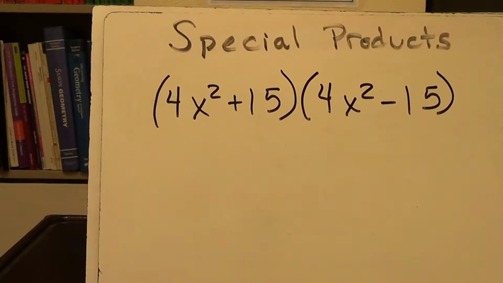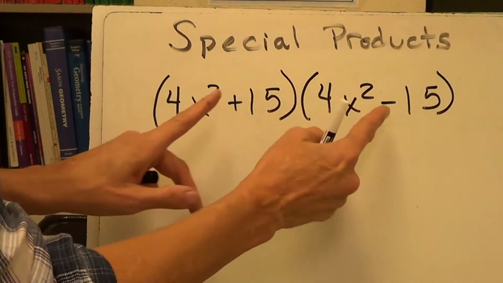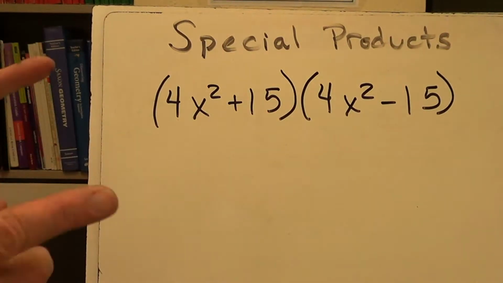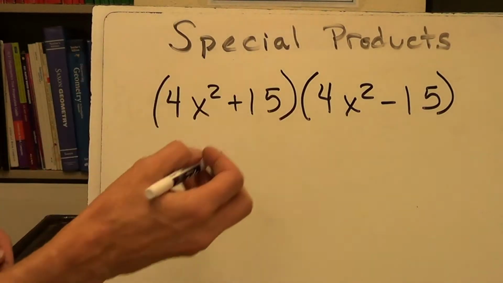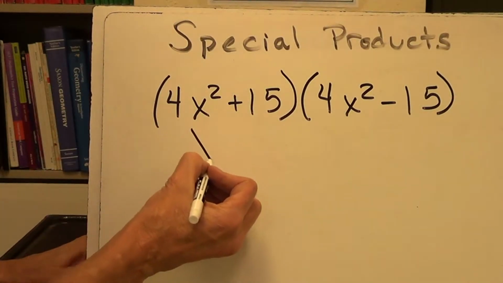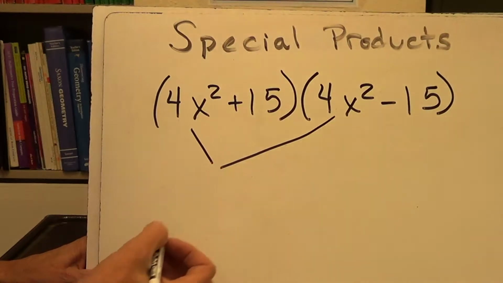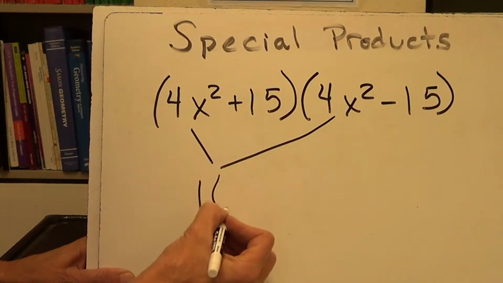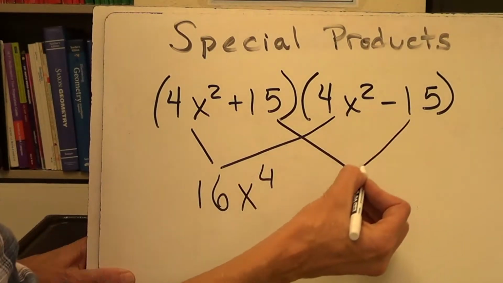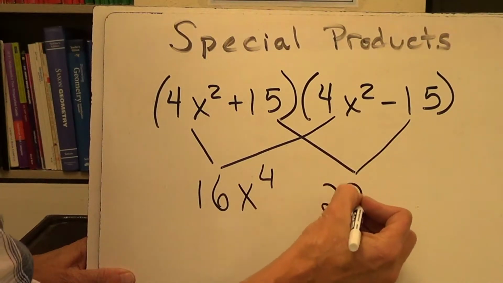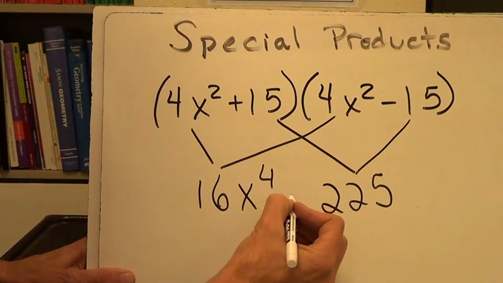Hopefully when you see this kind of a special product, you notice identical terms, different signs. This is a conjugate. If you can remember that, then you know the outside and inside wipes out, and all you really need to do is multiply your first, 16x to the fourth, and your last, 25, I believe.